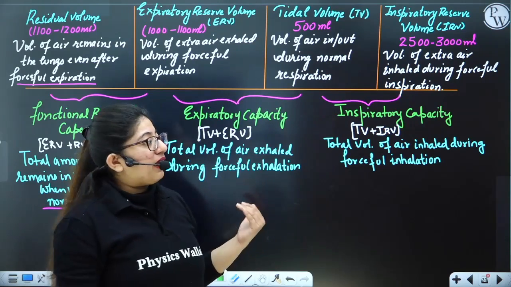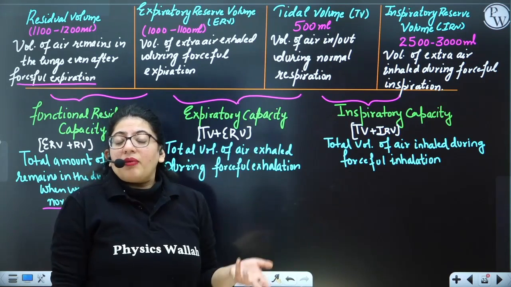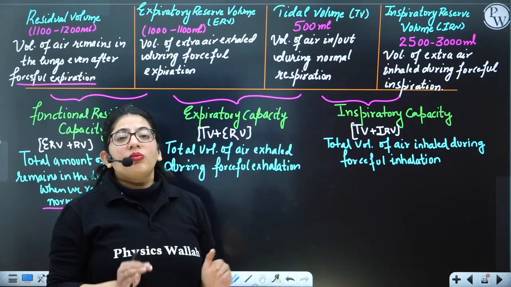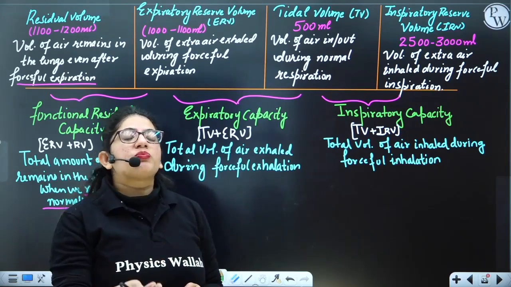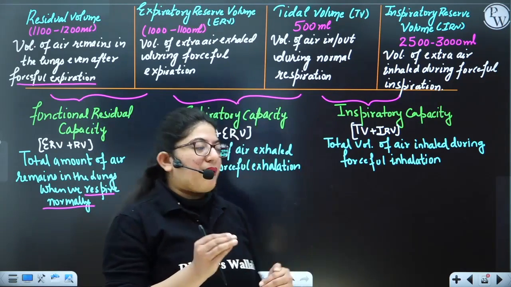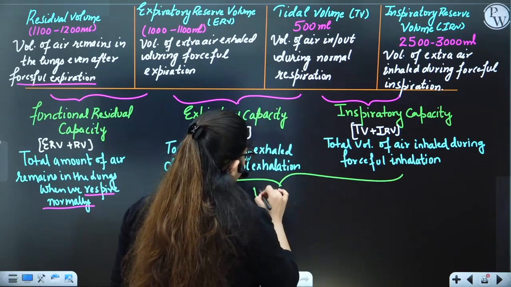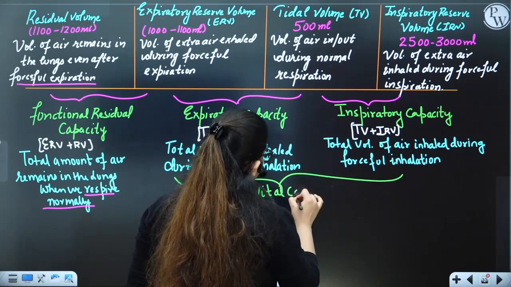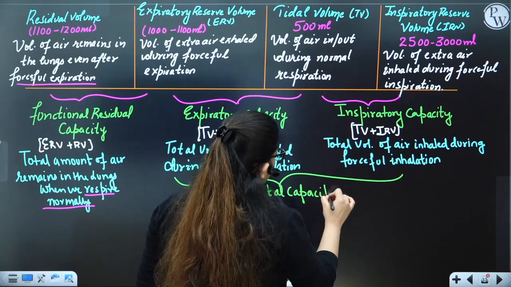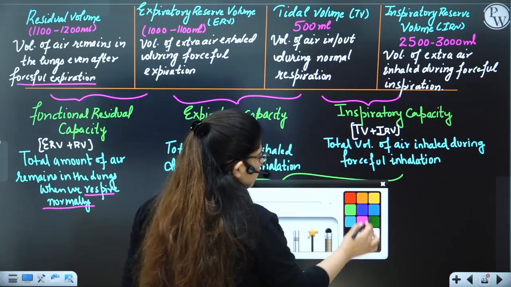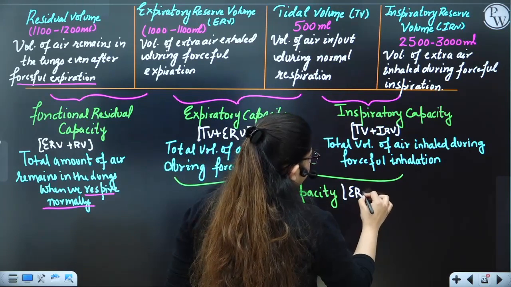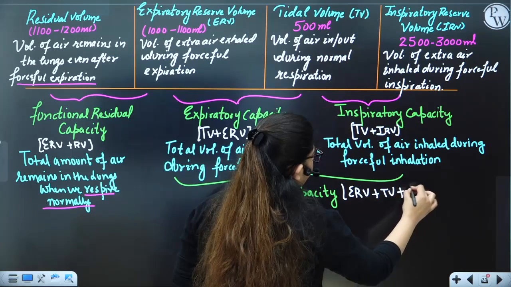What if I am doing both? I'm doing yoga and I'm doing both. At that time, the volume of air that you are respiring is the vital capacity. So, vital capacity is formed by the combination of all these three. Vital capacity consists of ERV plus TV plus IRV.